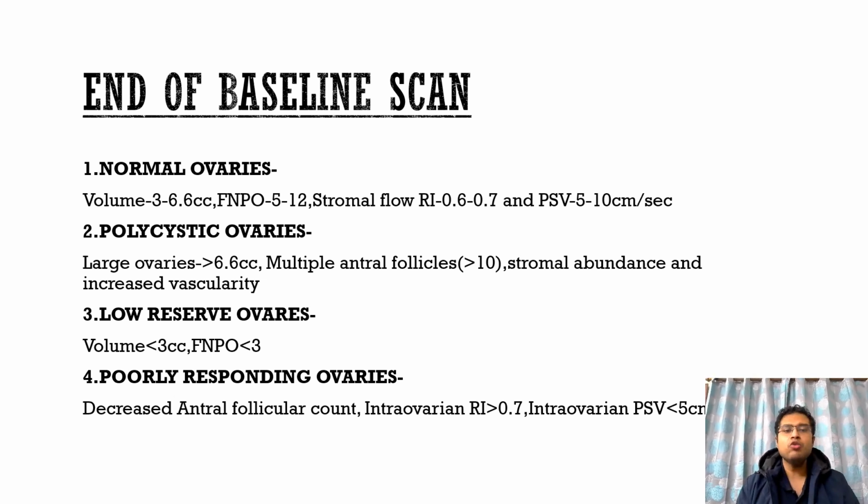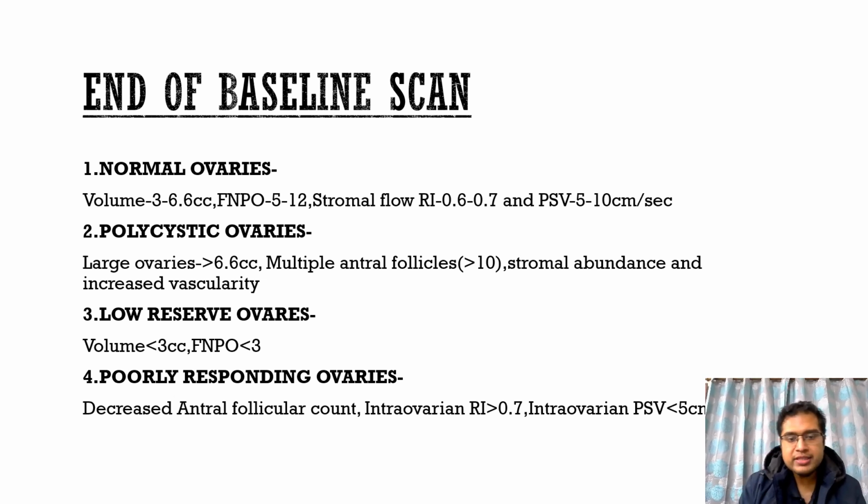Polycystic ovaries are large ovaries with a volume of more than 6.6 cc and multiple antral follicles with stromal abundance and increased vascularity. Low reserve ovaries are small ovaries with volumes less than 3 cc and FNPO, that is follicle number per ovary, less than 3.